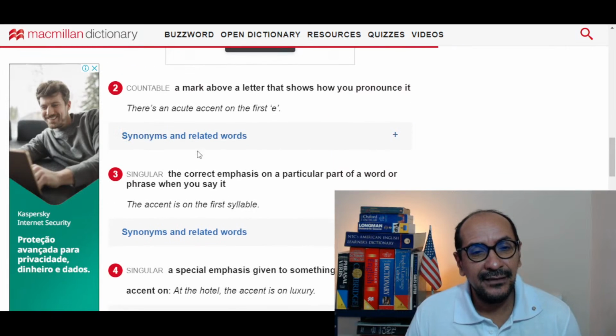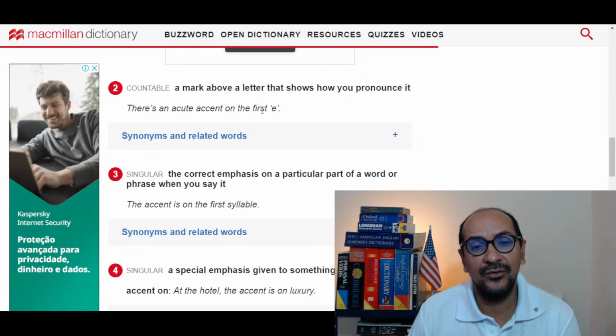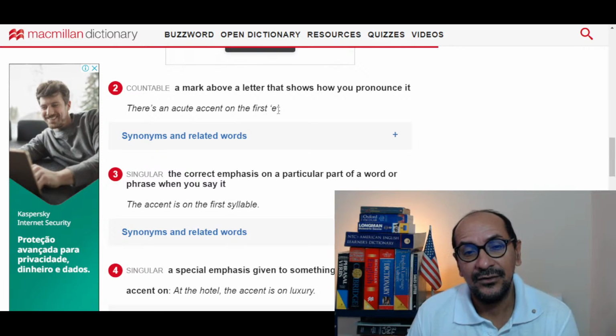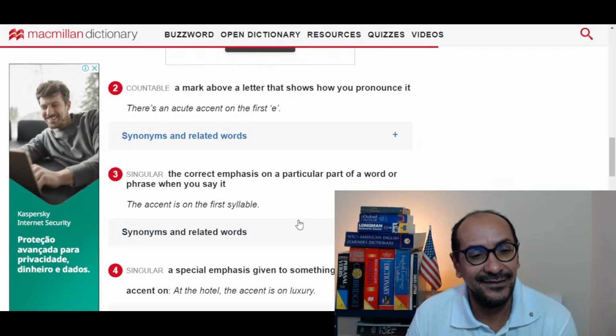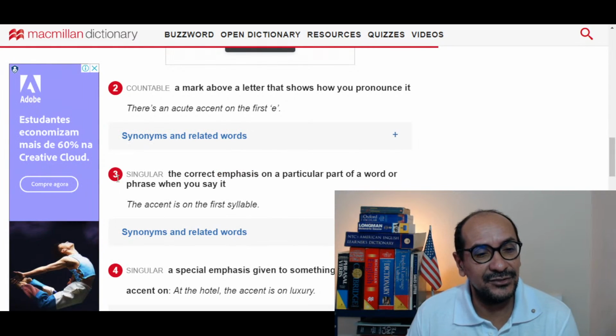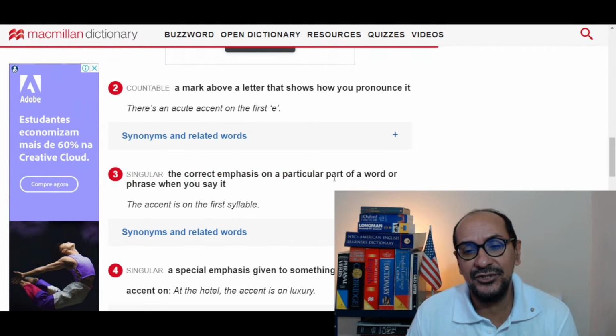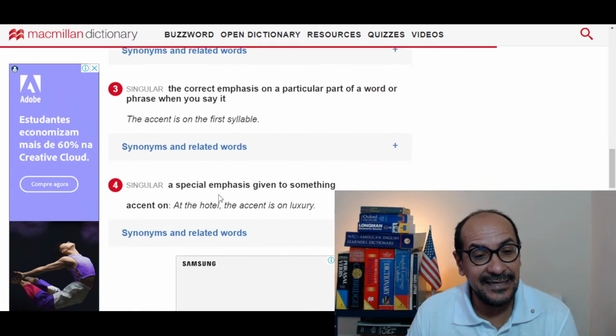Then pay attention to this. A mark above a letter that shows you how you pronounce it. There's an acute accent on the first E. This is something that you need to be aware of, because number 3 is the correct emphasis on a particular part of a word or phrase when you say it.